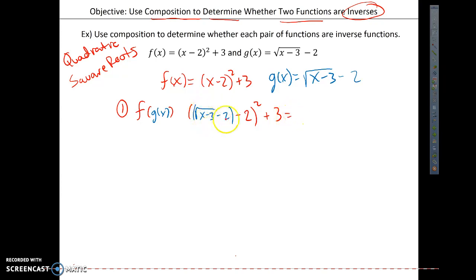So I'm going to first focus on my inside parentheses here. I have the square root of x minus 3, and negative 2 combined with a negative 2 is a negative 4, and I have that quantity squared plus 3.